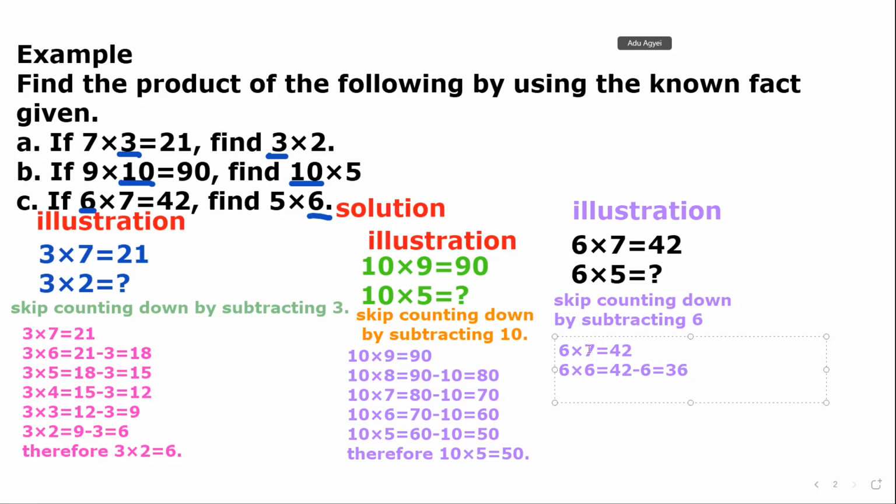Then you skip counting down again, which is 6 times 5, which is the previous answer, 36 minus 6. And the answer is 30. Therefore, 6 times 5 is equal to 30. Okay. Good.